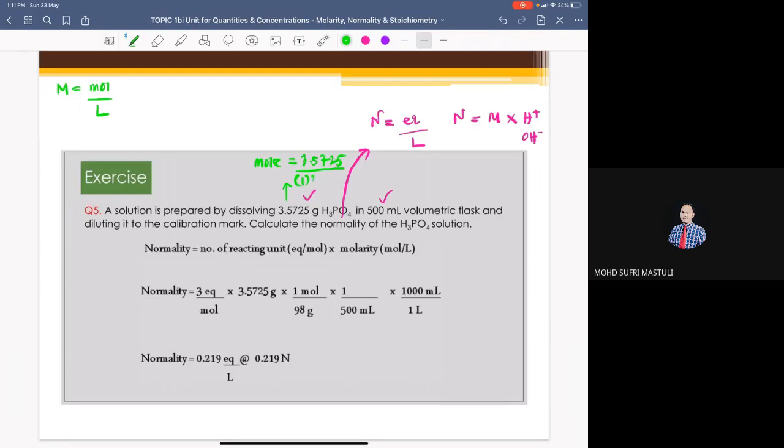So 1 times 3 plus phosphorus, you check your periodic table, 30.98, plus oxygen, so 16 times 4. Okay, so you can calculate the mole of H3PO4.